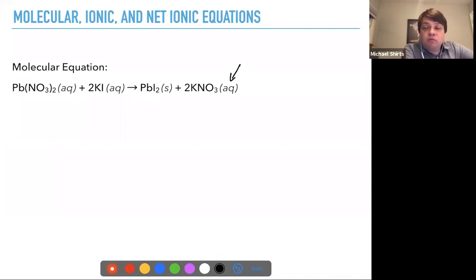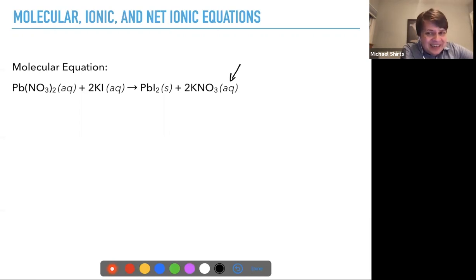But we don't write out the compounds as they actually are in the solution. We write what we put into the solution. So for example, here, Pb(NO3)2, we put that into the aqueous solution. We put in potassium iodide, and those are the reactants we put in, and we say, well, we're going to get out lead iodide and potassium nitrate.